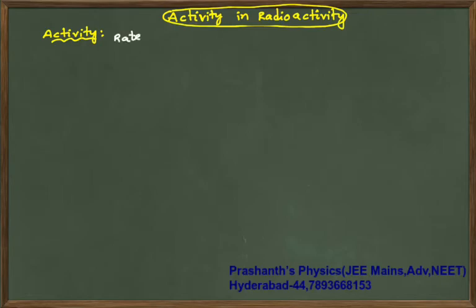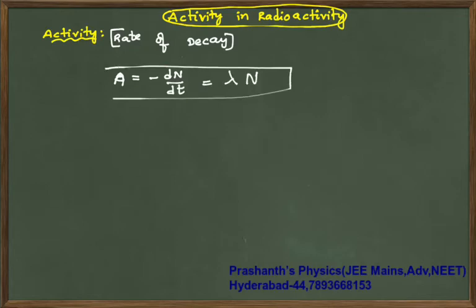Activity is nothing but your rate of decay. So activity A is given by minus dn by dt, which is equal to lambda times n. This is the rate at which disintegration is happening.